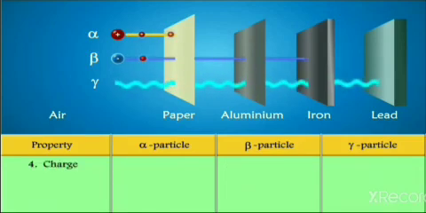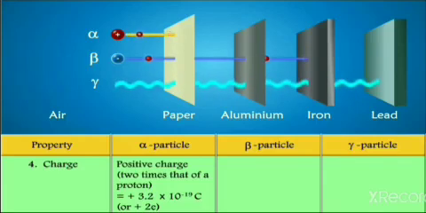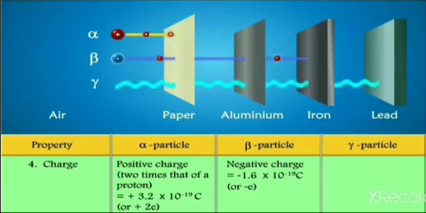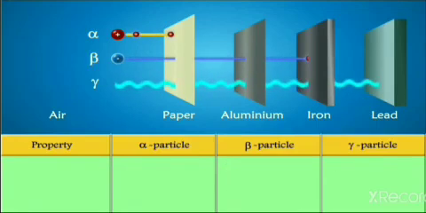Charge. Alpha particle has positive charge, 2 times that of a proton, equal to +3.2 × 10^-19 coulomb, or +2e. Beta particle has negative charge, equal to -1.6 × 10^-19 coulomb, or -e. Gamma radiation has no charge.